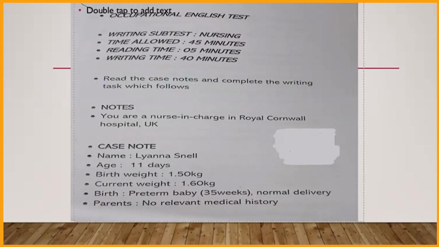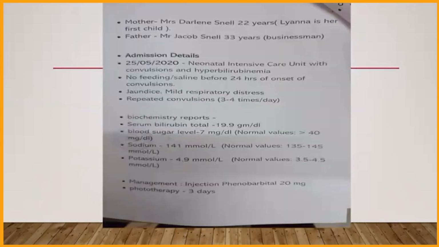She's 11 days. She had a birth weight of 1.5. Now currently she weighs 1.6. She was a preterm baby, 35 weeks, normal delivery, and no relevant medical history regarding parents. Next person, read it for me till the admission details.